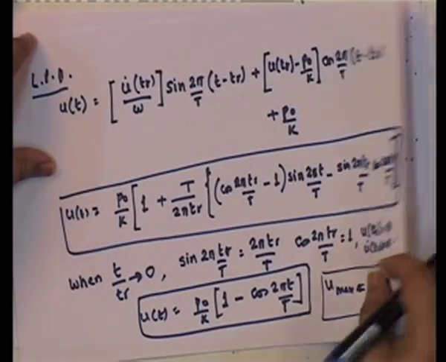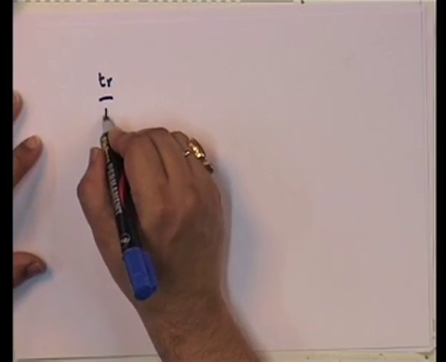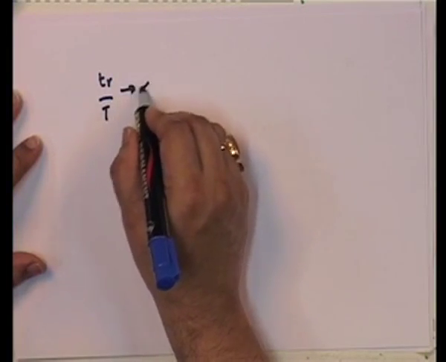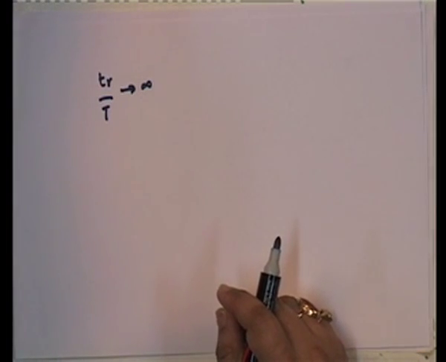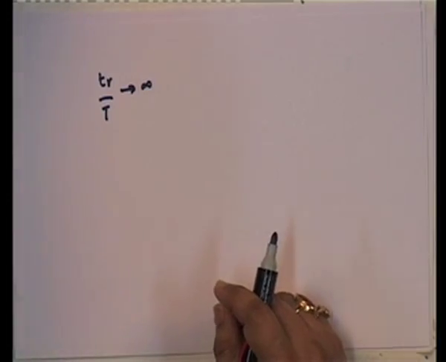Okay. Secondly, interestingly enough, if we take t_r upon T to infinity, in other words, what does that mean? That the rise time is exceedingly slow.